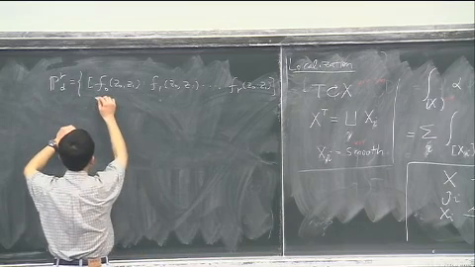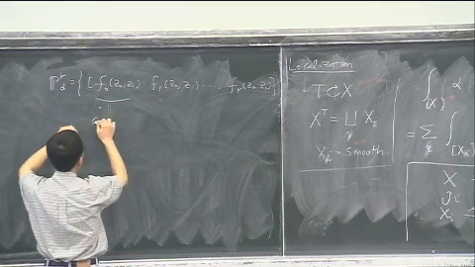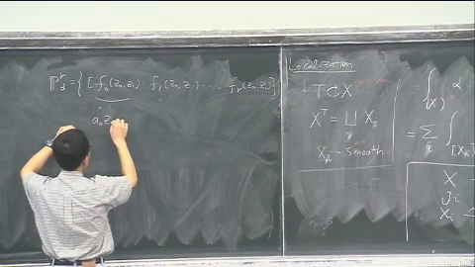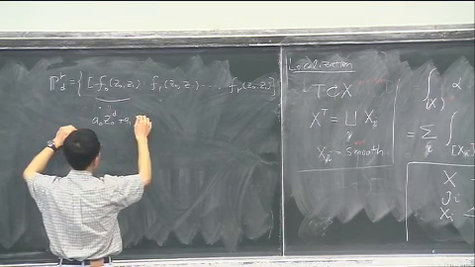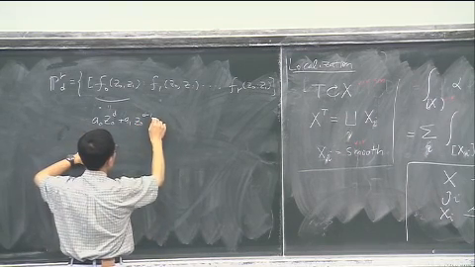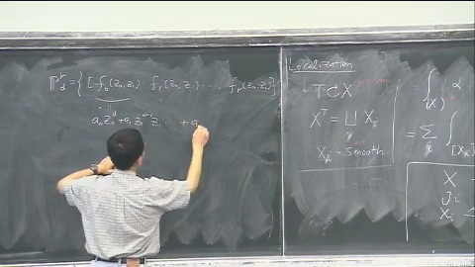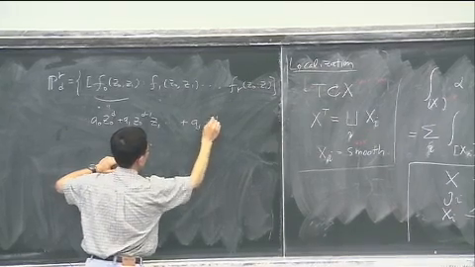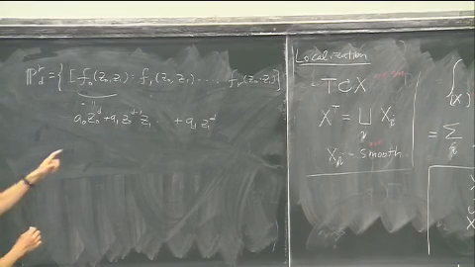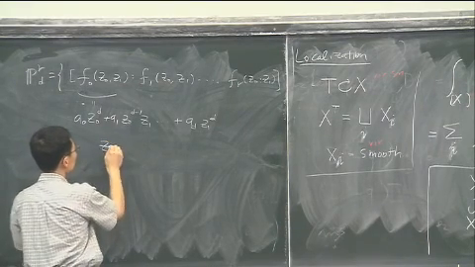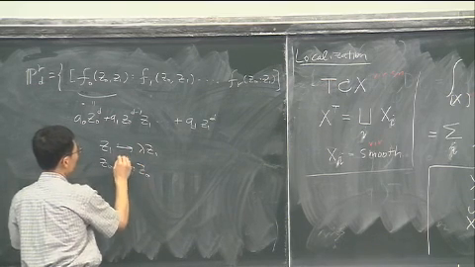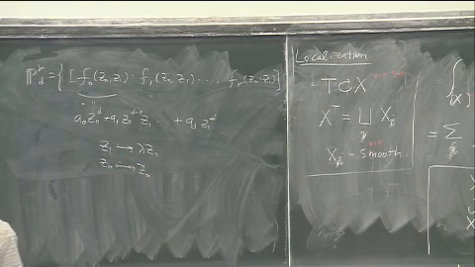Each one of these can be written as A0 Z0 to the D, plus A1 Z0 to the D minus 1 Z1, up to AD Z1 to the D. Since my action makes Z1 go to lambda Z1 and Z0 stay Z0, what are the possible fixed loci?